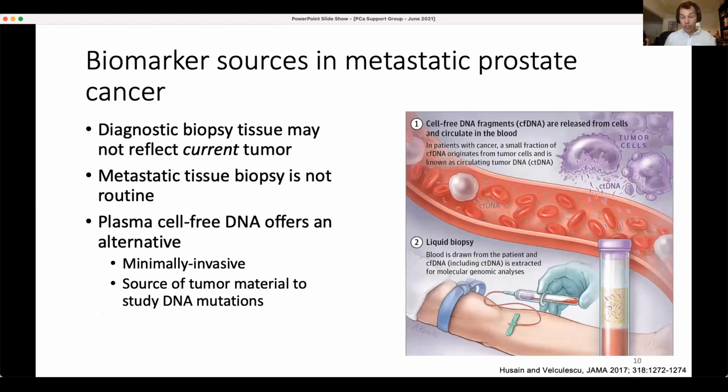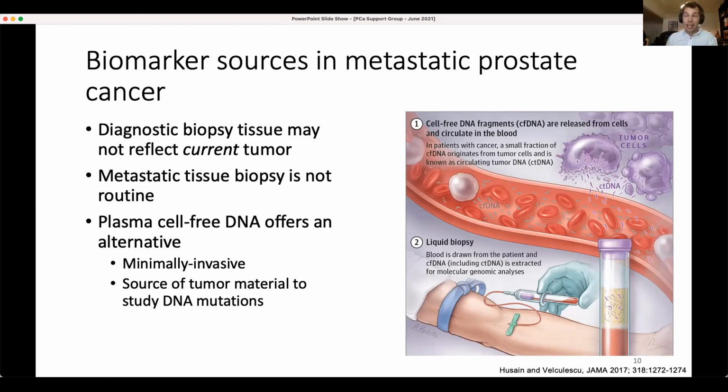Now, as I mentioned earlier, the mutations that we see in the tumor DNA can potentially be very informative. So this is a source of biomarker information that oncology is really moving towards incorporating into routine care.